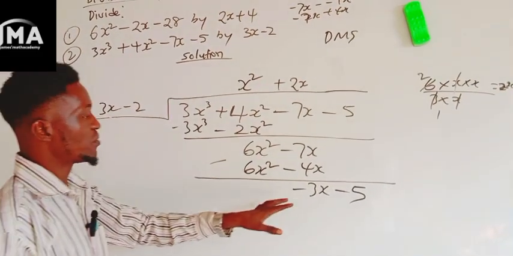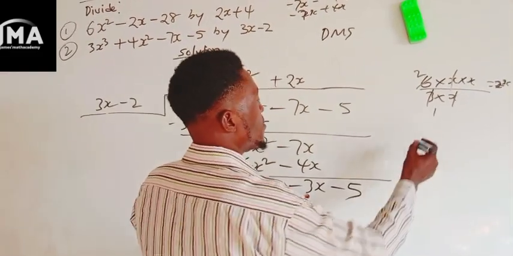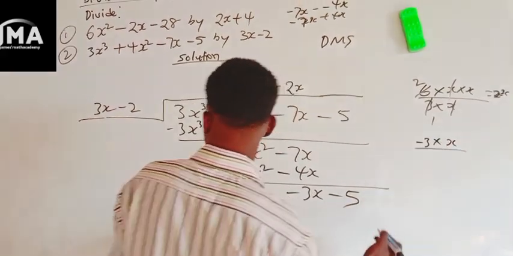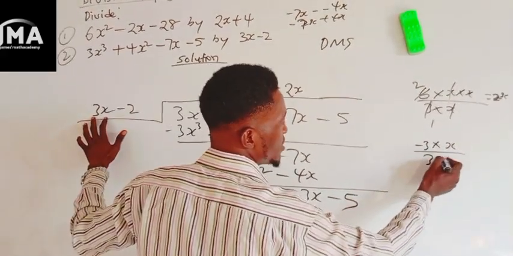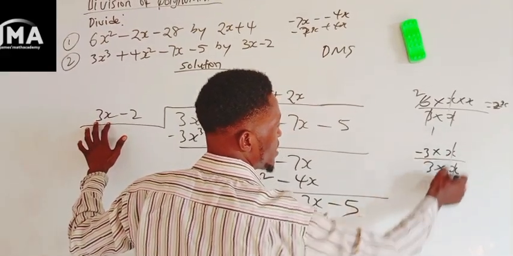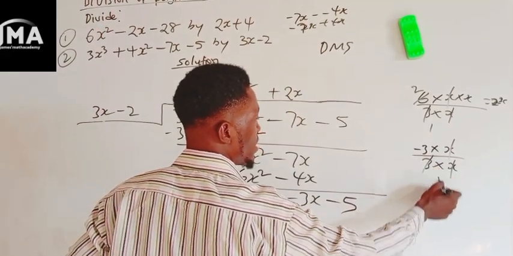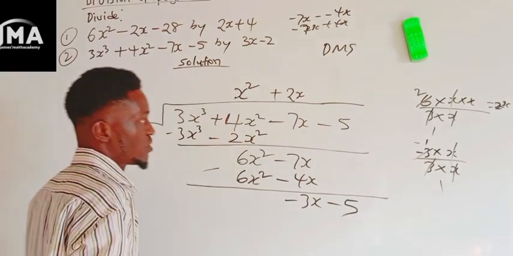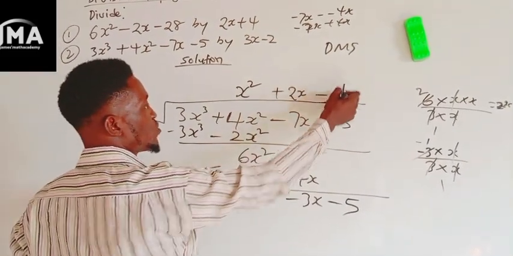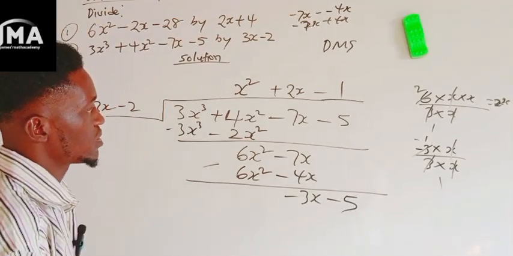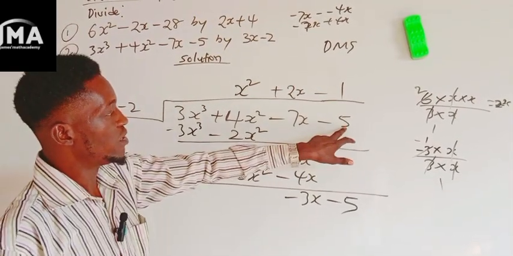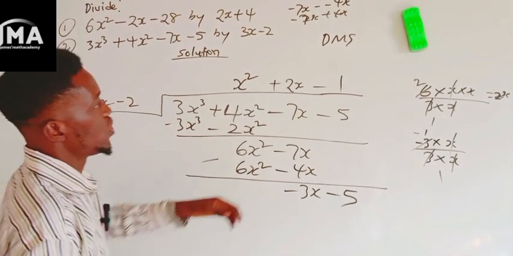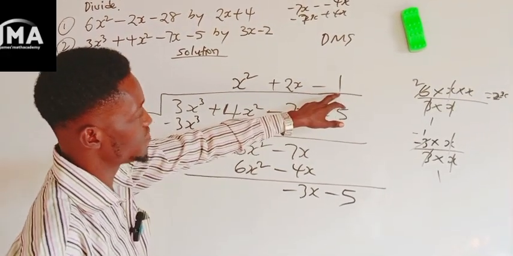So this minus 3s is minus 3 times x, divided by 3s, which is 3 times x. S cancels s, 3 divided by 3 cancels to 1, and minus 3 is minus 1, isn't it? So here is minus 1. Okay, so we know what is written on the top of minus 5 now, which is minus 1. So this is the answer to my division.